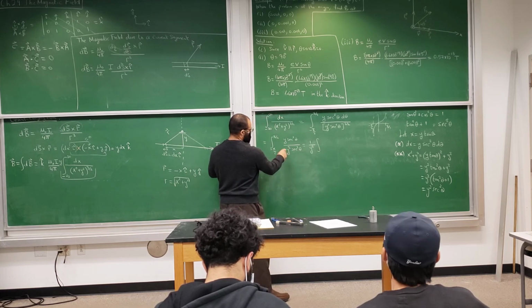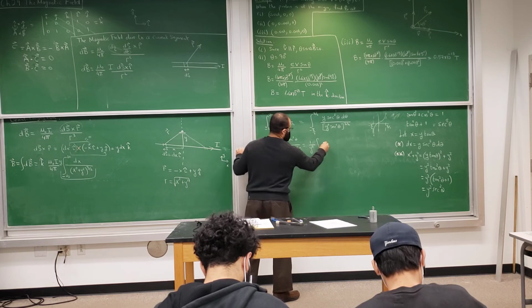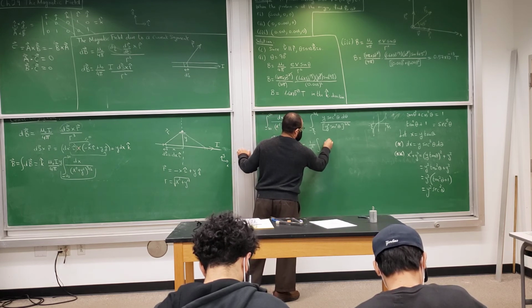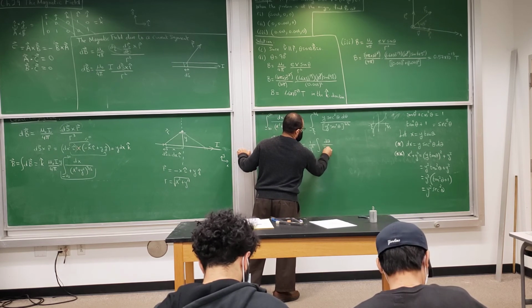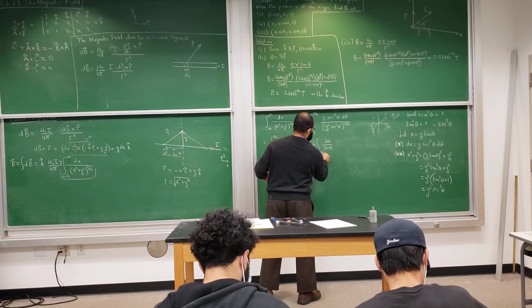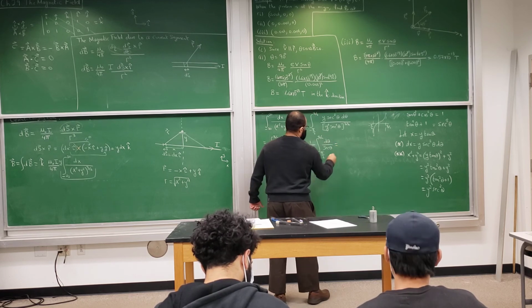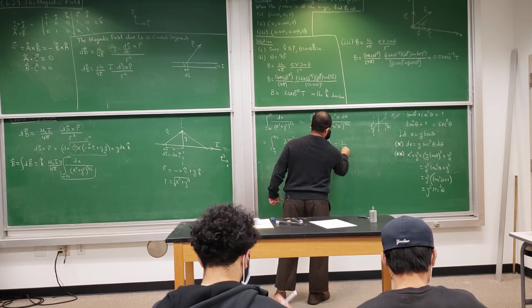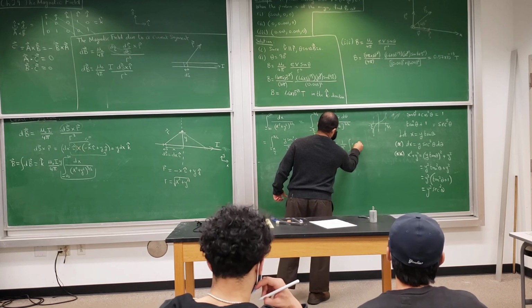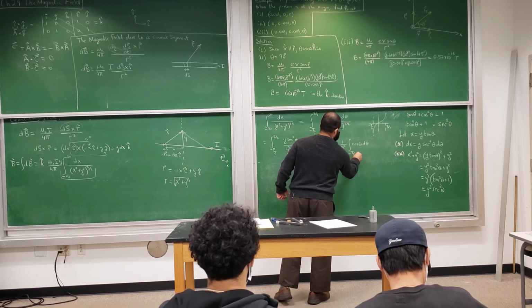Y over y cubed is just 1 over y squared. Secant squared over secant cubed is just 1 over secant, so that's 1 over y squared cosine theta d theta from minus pi over 2 to pi over 2.